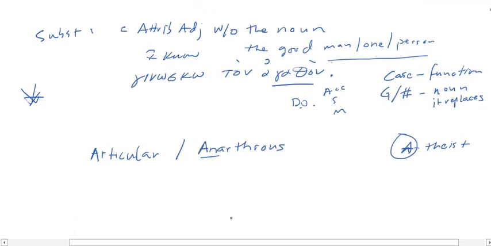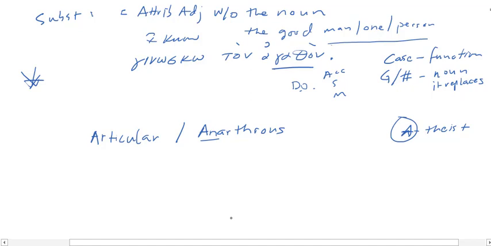Either way, article placement is really going to help us with disambiguating some situations that are not so clear. So let's talk about this now.